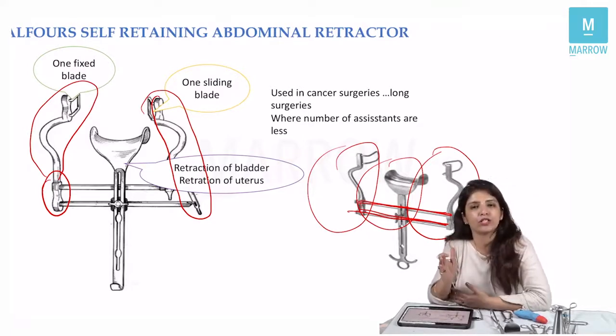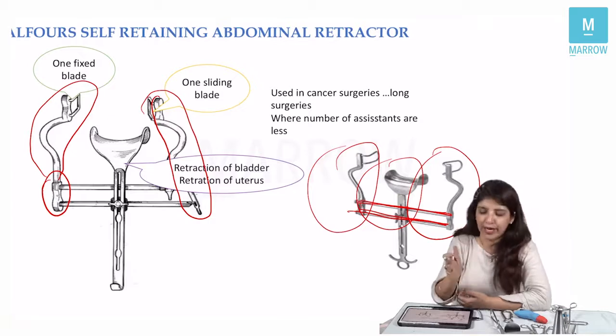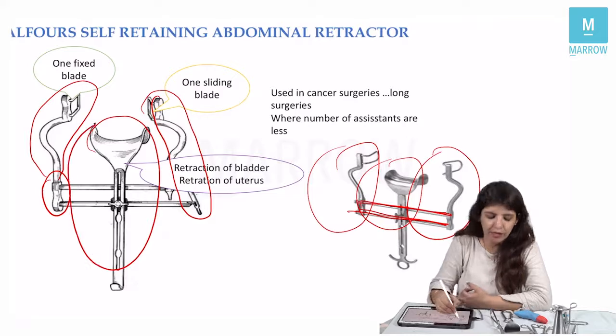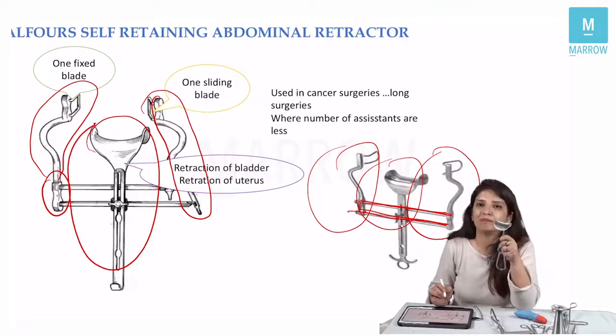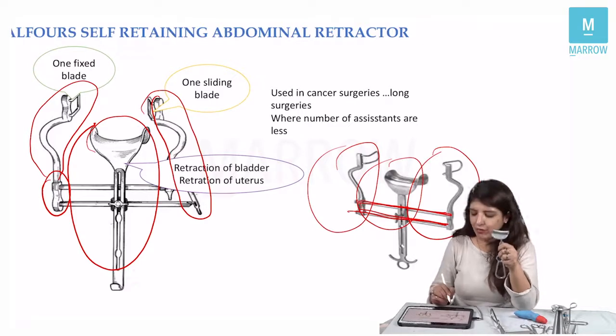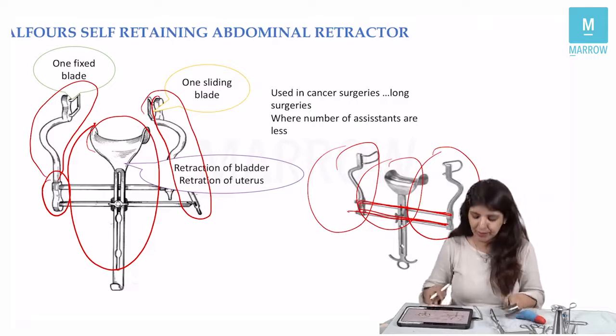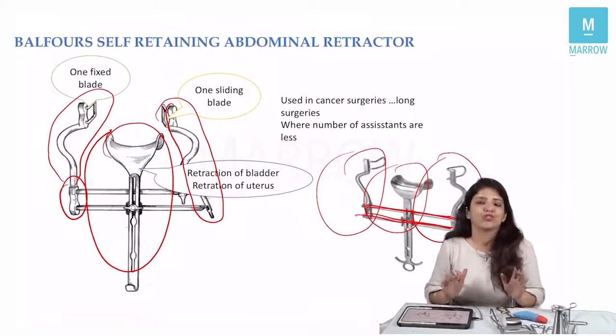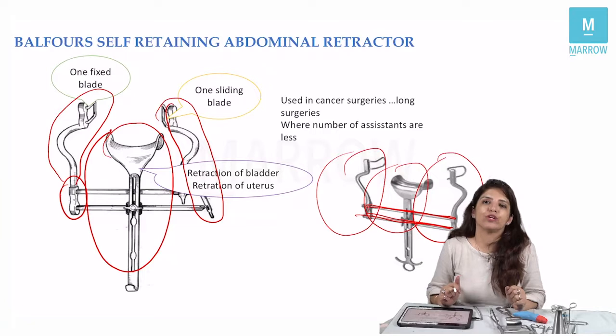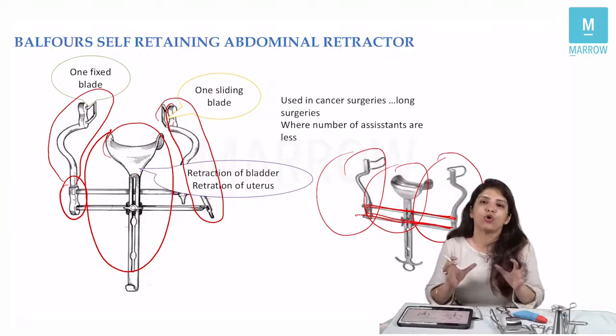On the other end, the blade will be sliding, right? And in the middle, the blade which will be there will resemble a Doyen's retractor, right? So this is a Balfour's self-retaining abdominal wall retractor. Clear? All these retractors which I told you were to retract the abdominal organs.